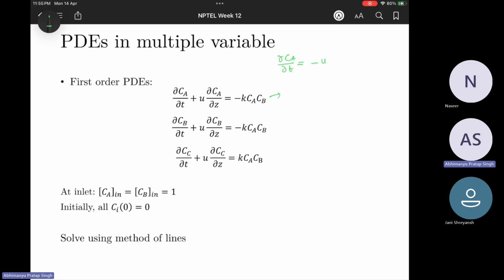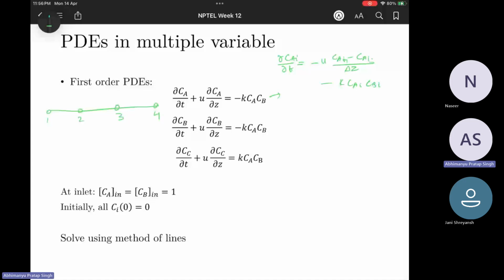So if I distribute it, for example, in 3 elements, I will have 4 nodes, and for each node, I will have 3 equations, right? CA, CB, CC.